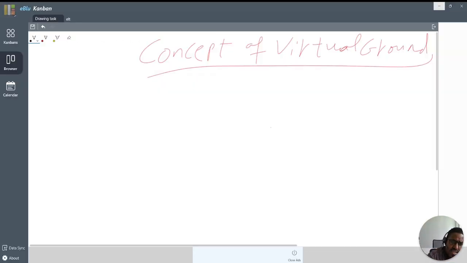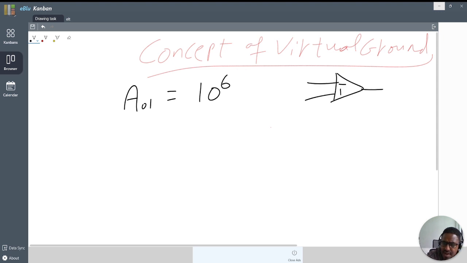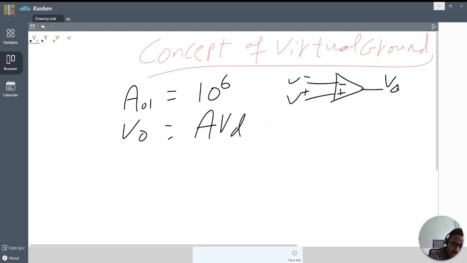As you know, the open loop gain reaches 10 raised to 6. For the op-amp with inverting and non-inverting inputs, V out equals the open loop gain multiplied by V difference. Let's assume V out is 10 volts.